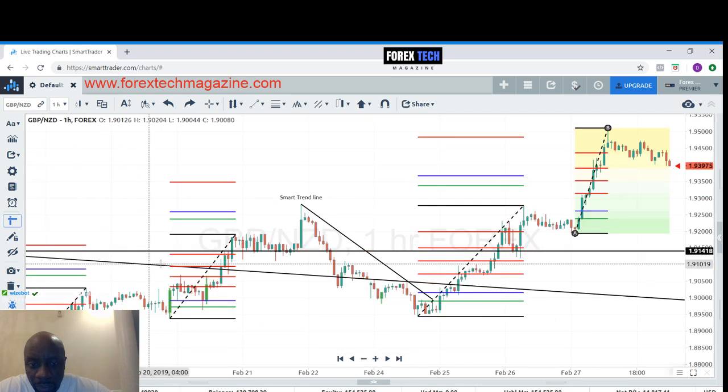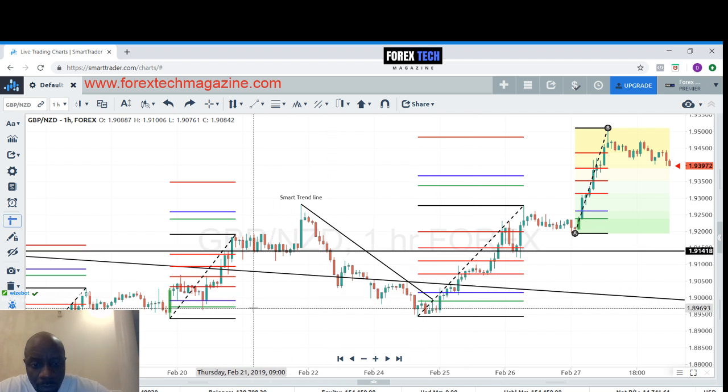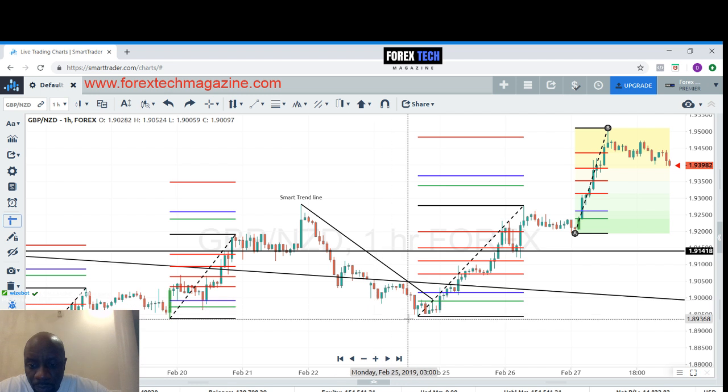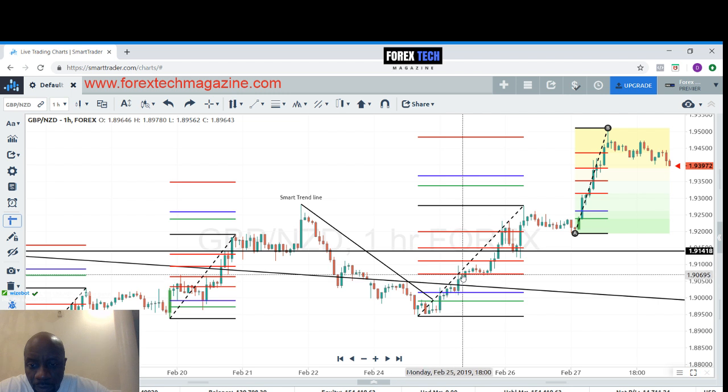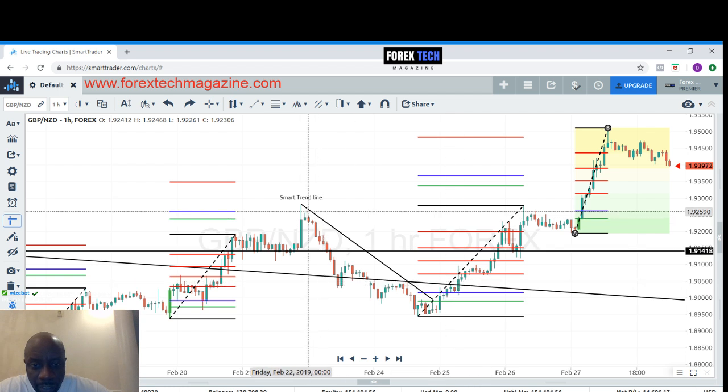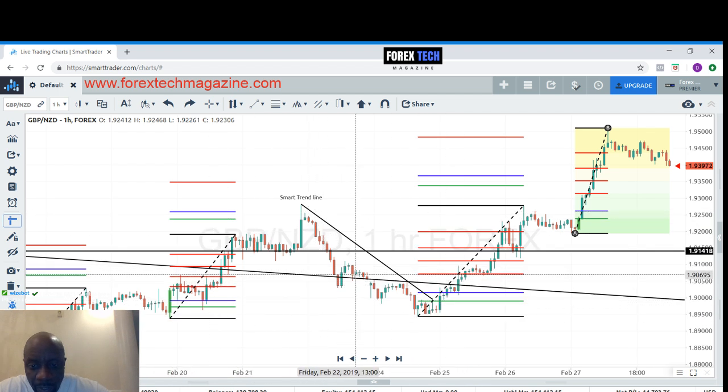Great Britain Pound, New Zealand dollar, same thing happened here. Here goes our AB boundaries. And we waited for price to actually push through here. And then, because you had a downtrend here, and you also had a bigger downtrend over here, price pushed through both of them.